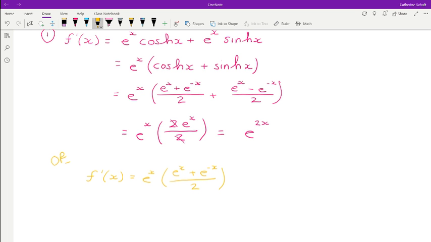Okay, so this is still, dang it, it's not the derivative. There we go. It's just the normal function. And then the hyperbolic sine, we would write in the exponential definition.